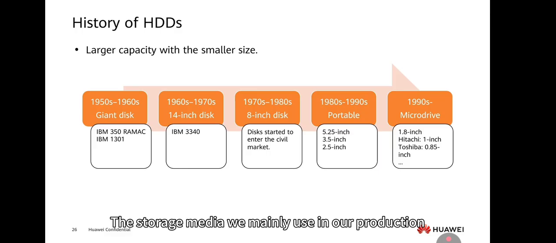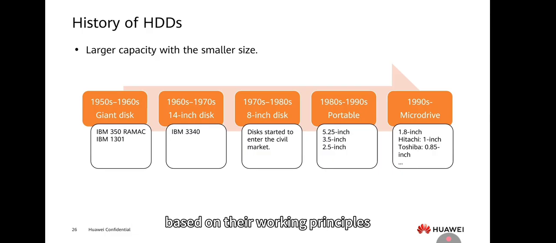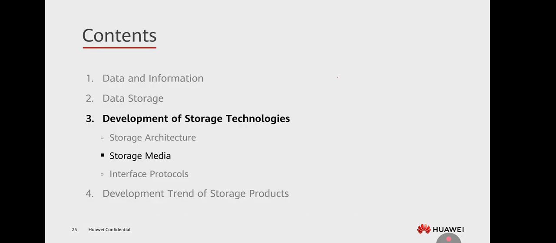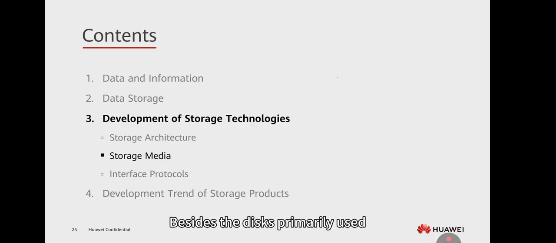The storage media we mainly use in our production environments at present are disks and memory. Disks can be broadly classified into two types based on their working principles and mechanical structures: hard disk drive (HDD) and solid state drive (SSD). Besides the disks primarily used for carrying out production services, there are other storage media involved in various application scenarios.